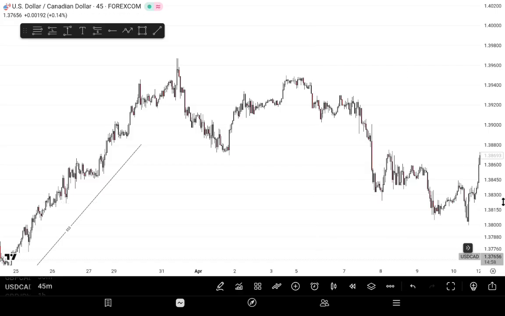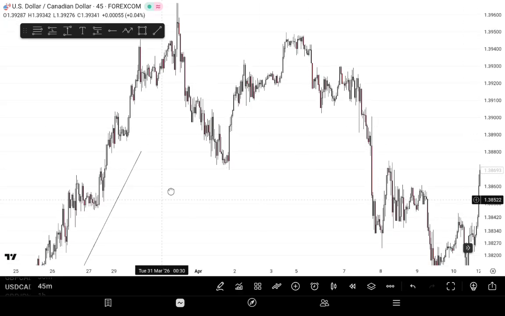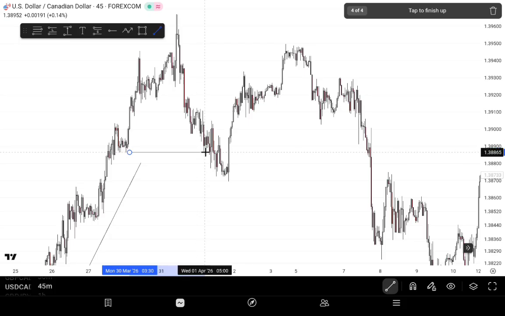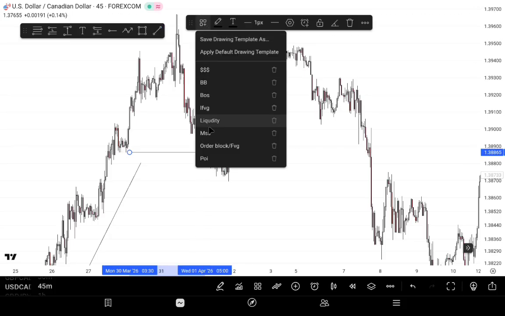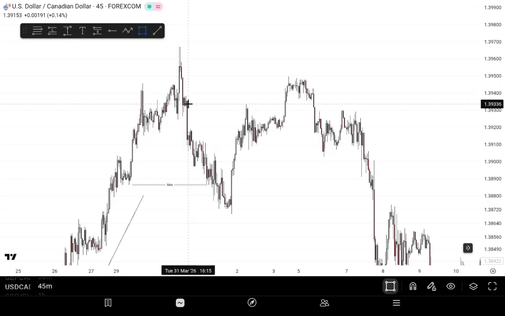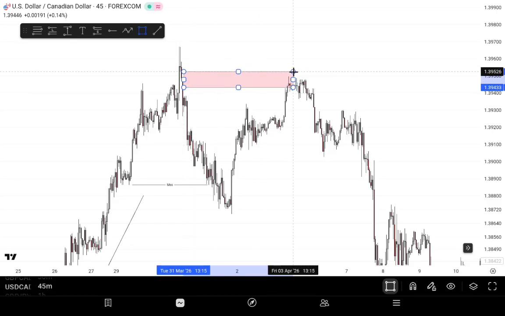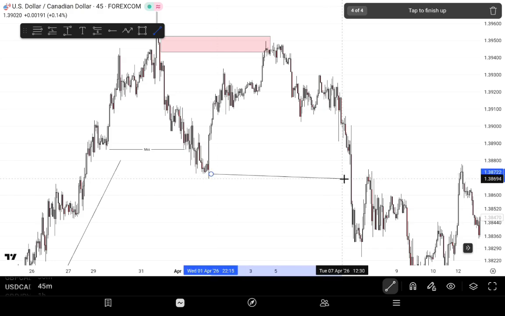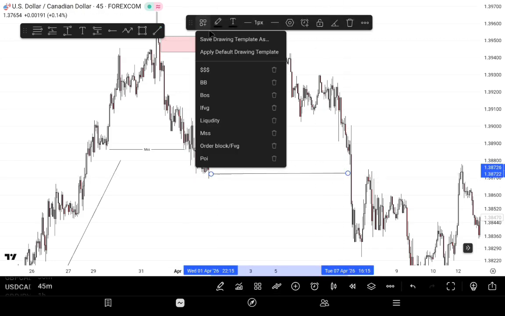So we also have price give us a market structure shift from here. Alright, price reacted from an imbalance. Price gave us an outward break to the downside at this point.